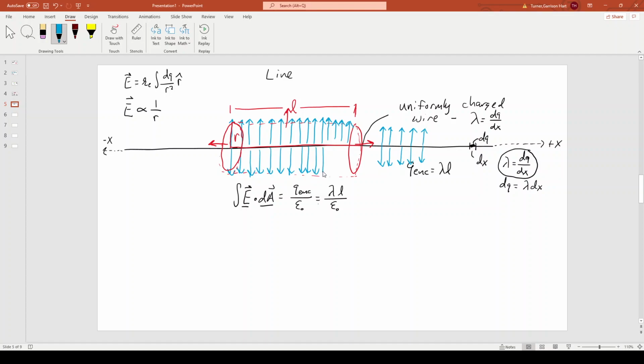Okay. But because the wire is along the axis of the cylinder, the electric field will have the same value everywhere along the surface here and the surface here. And as a result, we can pull E out of the integral.